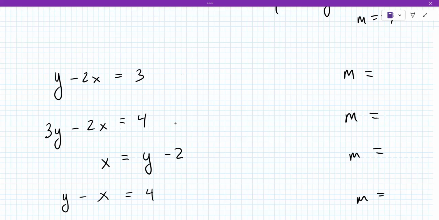Okay, so I've solved them except for the second one. Give me the slope of the first one then. So for the first one I got 1.5.